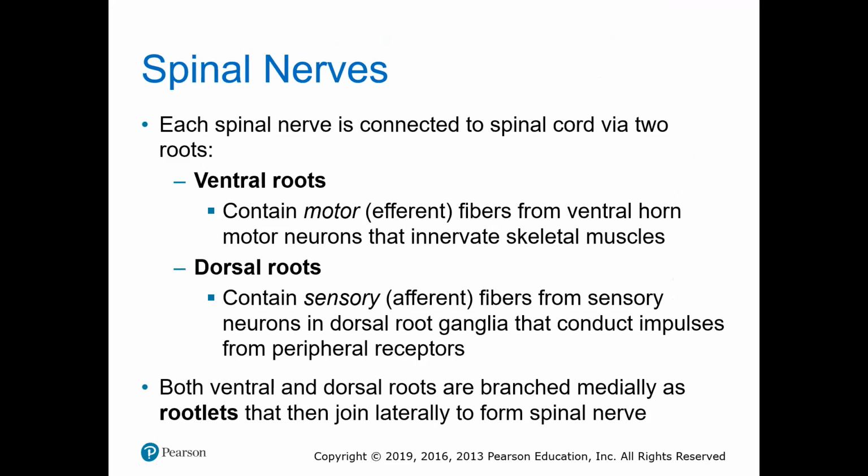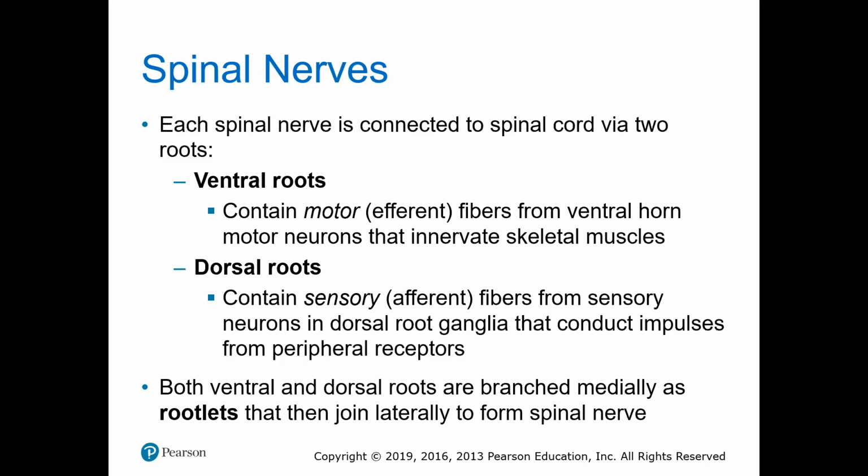This is where the motor nerves leave the spinal cord and go out to the effector, to a muscle cell, to smooth muscle, skeletal muscle, or cardiac muscle, or to a gland. Most of these are going to be innervating skeletal muscle.